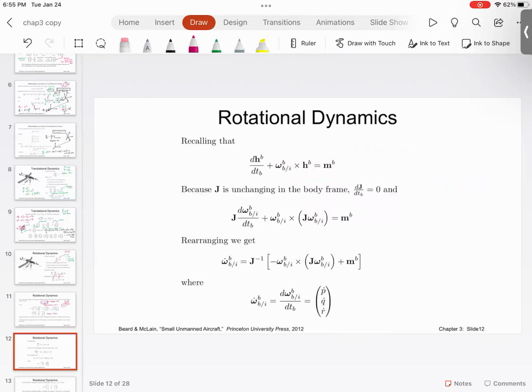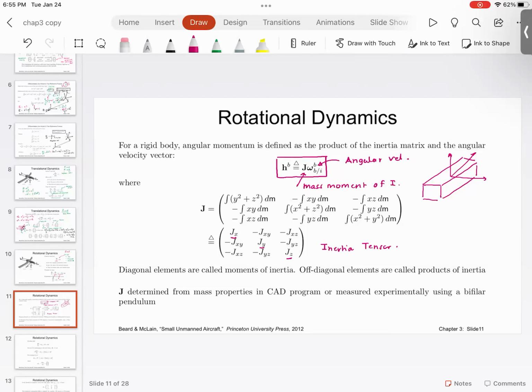So angular velocity is calculated with respect to which frame? Right now, angular velocity is calculated within the body frame. B slash I is written, what does it mean? Basically, the body frame orientation with respect to the inertial frame.